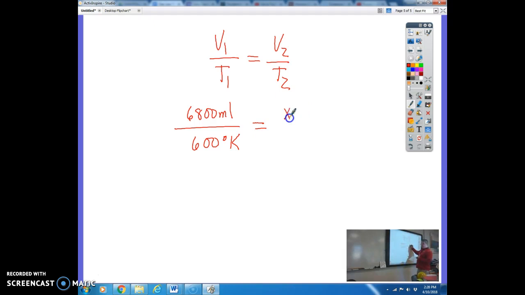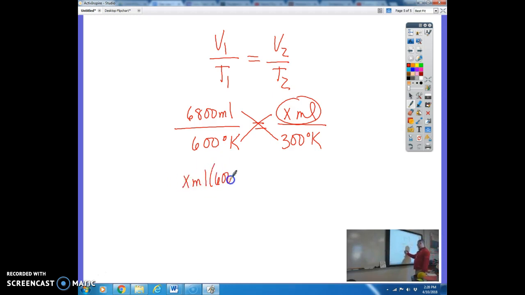V2, X milliliters, we're trying to find a volume. T2, 300 degrees Kelvin. Now we turn it into an algebra problem. So we're going to solve for X. I'm going to cross multiply, get everything on the same plane. So I got X milliliters times 600 degrees Kelvin equals 6,800 milliliters times 300 degrees Kelvin.